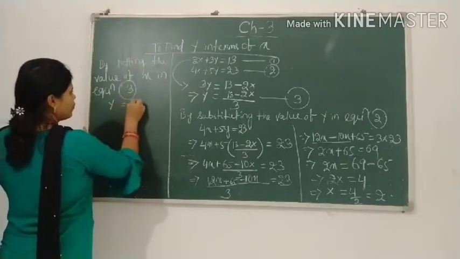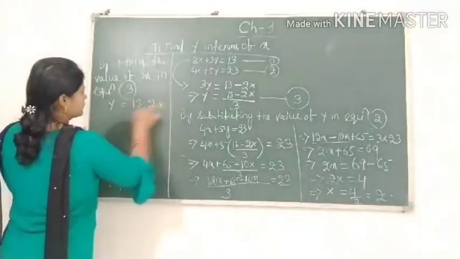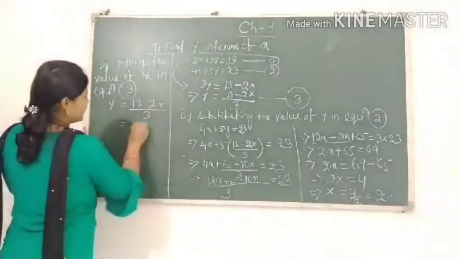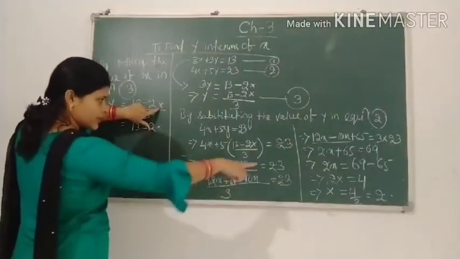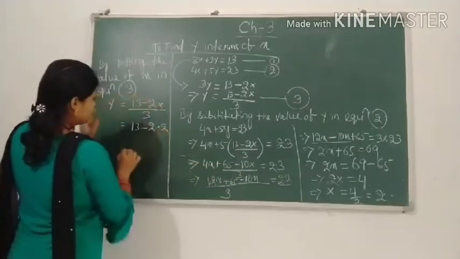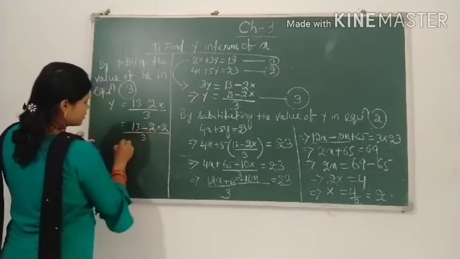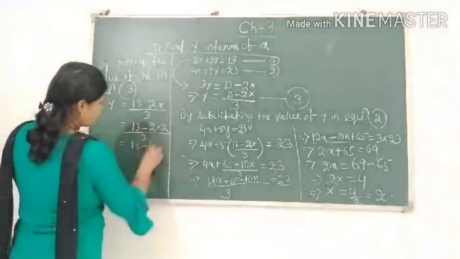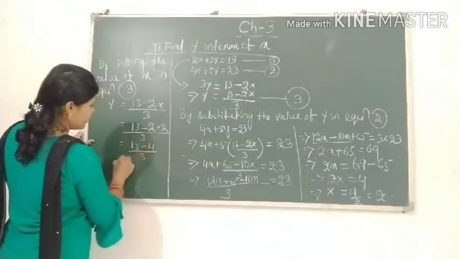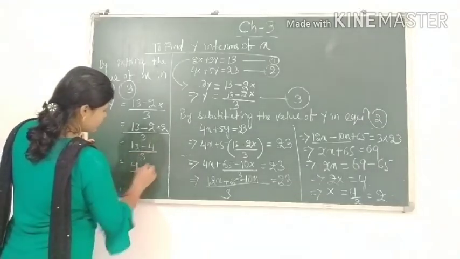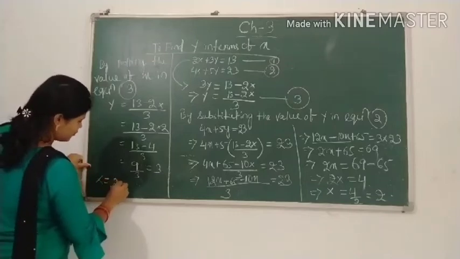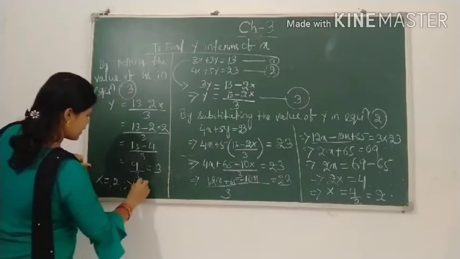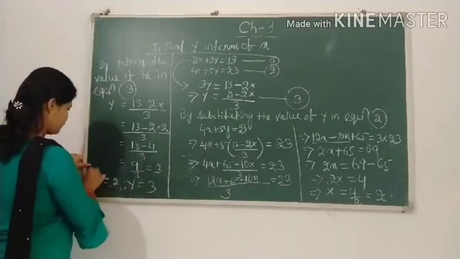So y becomes 13 minus 2 into, what is the value of x? 2, divided by 3. So 13 minus 4 by 3, which is 9 by 3, which is 3. So x is equal to 2 and y is equal to 3.